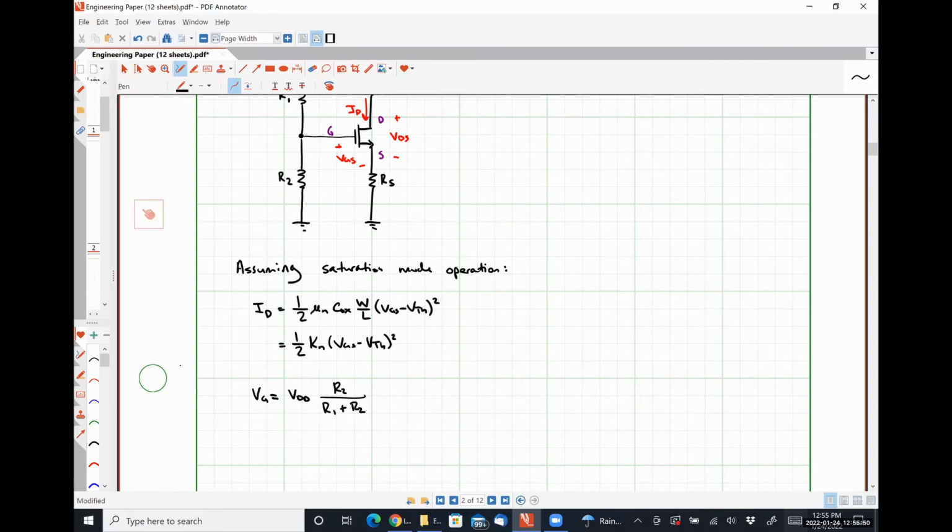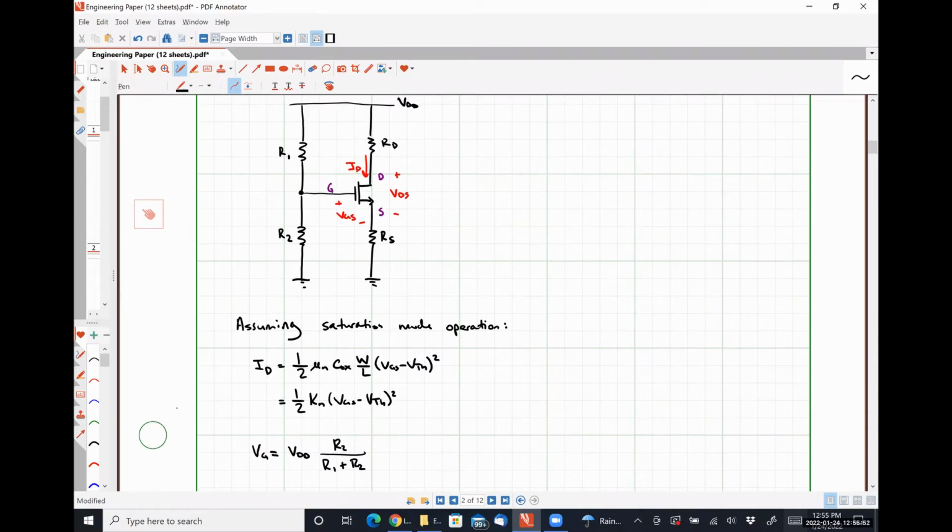So what we're going to do now is perform Kirchhoff's voltage law around this bottom half loop, right? Because we could start at ground and end at ground, and that's a complete loop. And so hopefully we should be able to see that VG, the voltage drop over resistor R2, is simply VGS plus the voltage drop over resistor RS.